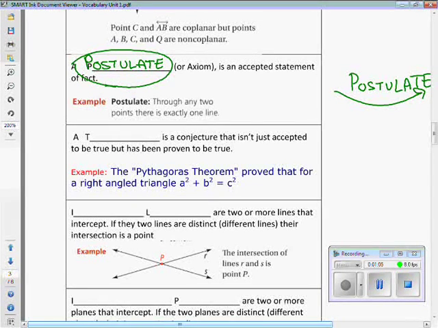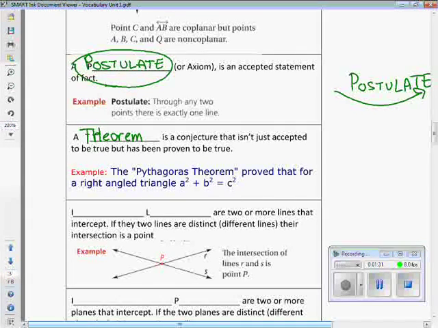So postulate, or something else called an axiom, you might see it spoken in that word, is basically an accepted statement. You know, through any 2 points, there's exactly one line. I don't have to prove that. That's absolutely true.